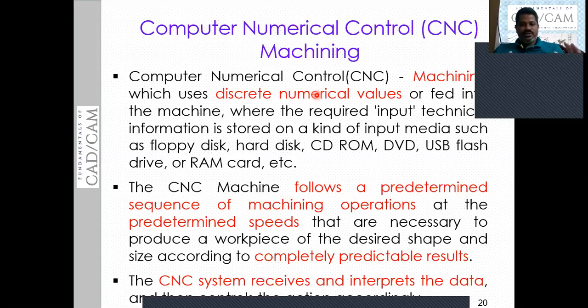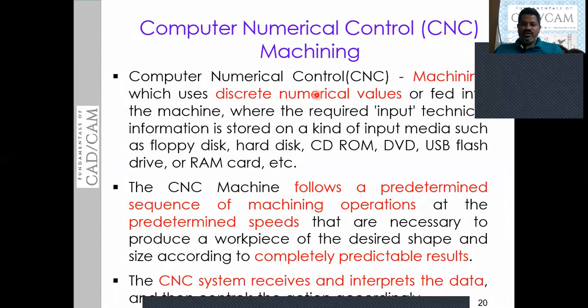We have a computer in which we store the program using a floppy drive, hard drive, or any storage medium. That program will be converted into electrical pulses or signals, and that will be sent to the digital to analog converter, DAC. Then that analog signal will be sent to the stepper motor.